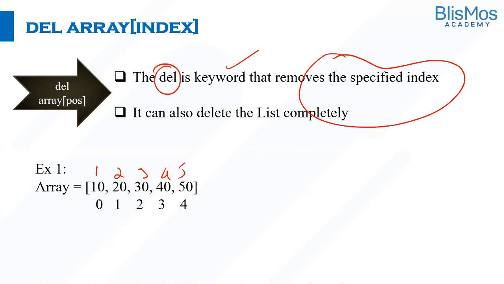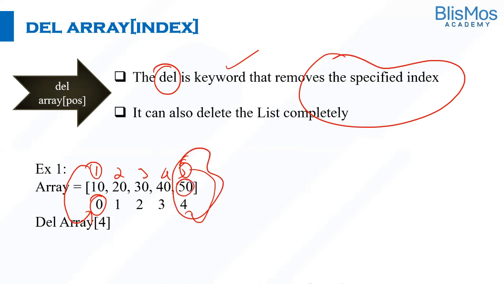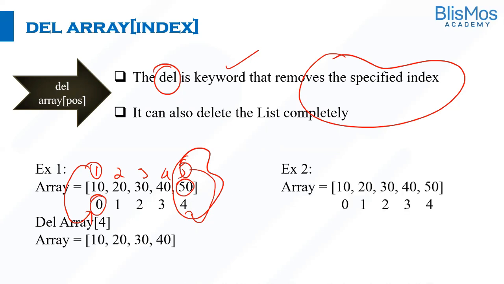As we already understood, the indexing starts from 0. That means the first element is at index 0 and the fifth element is at index 4. Remember, the del keyword removes the specified index. In this case, if I say del array[4], it is going to remove 50, which is the element at index 4. And if you want to delete the whole array, just say del array. It will delete the whole array for you.